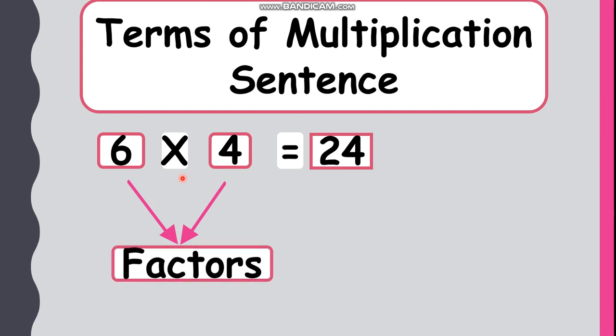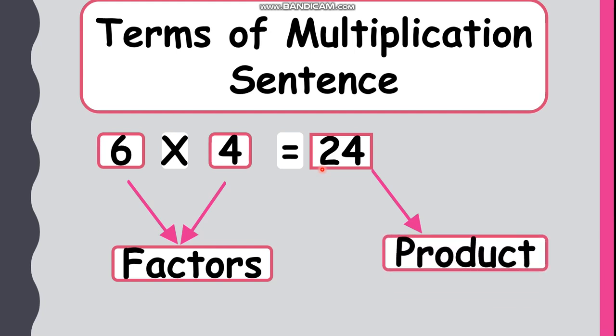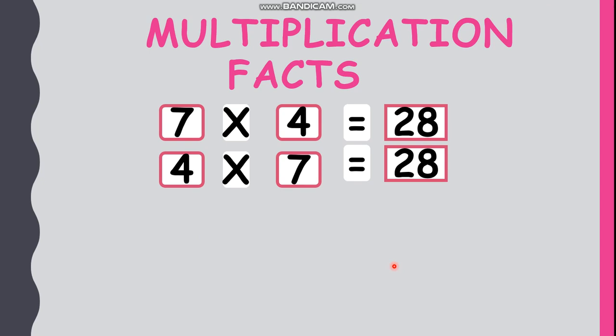They are called factors. And the answer, which is 24, what do we call it? Product. So just keep this in your mind. Whenever we multiply two numbers, those numbers are called factors, and the answer we get after multiplication is called the product.